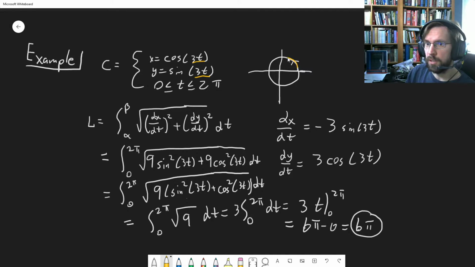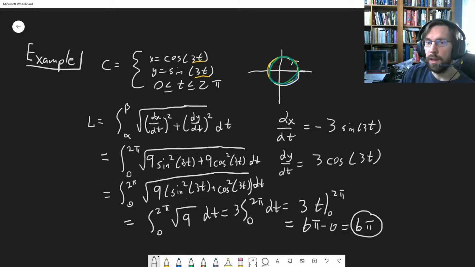The curve looks exactly the same, but we're going around the circle once, twice, and 3 times. So how do we end up with 6 pi? We go around the circle 3 times, and we end up with 3 times 2 pi, which is 6 pi.